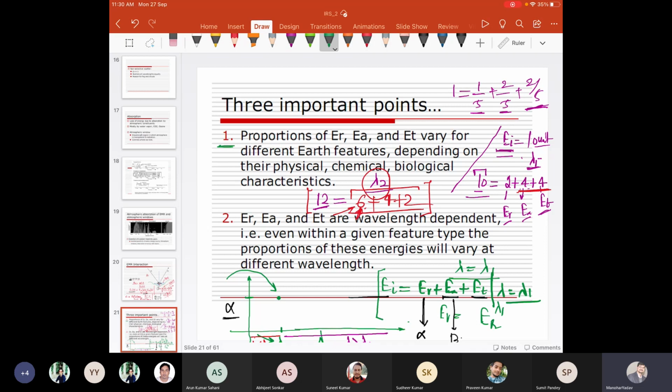The electromagnetic radiation that is incident on, let's say, soil, after the interaction with the soil, is divided into 3 parts of energy: absorbed, reflected and transmitted.